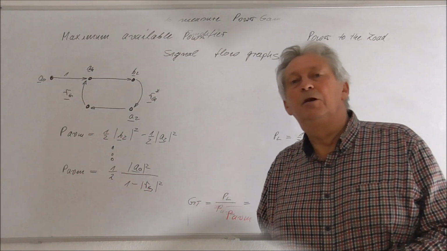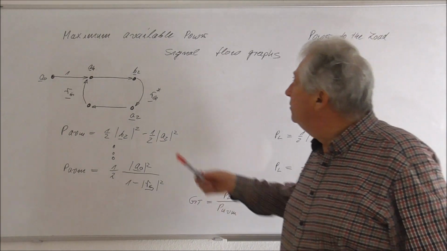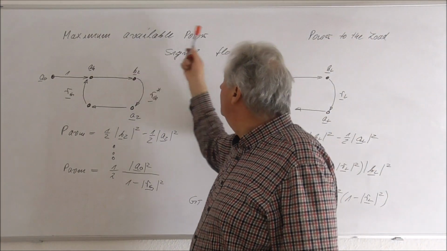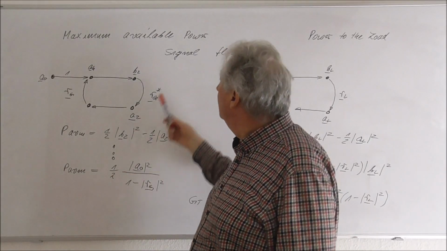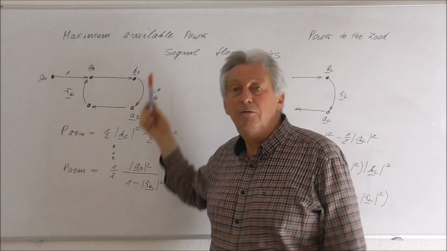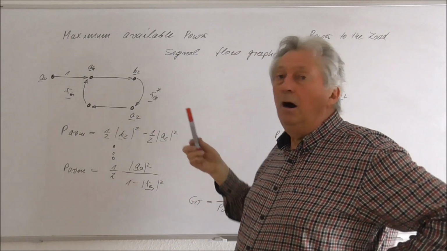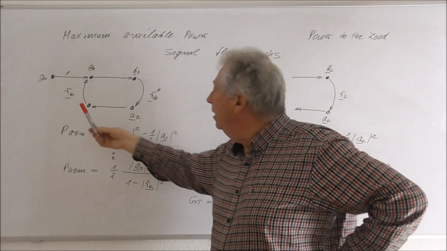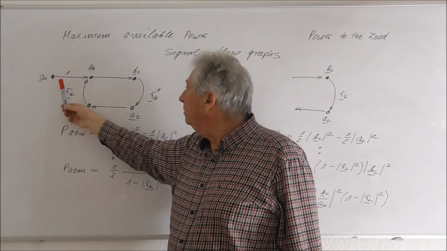To set up an equation for our transducer power gain, we must first have a look at the maximum available power of a source, which we will describe with the help of the signal flow graph. If I consider an arbitrary source, then this source will generate the wave amplitude A0.